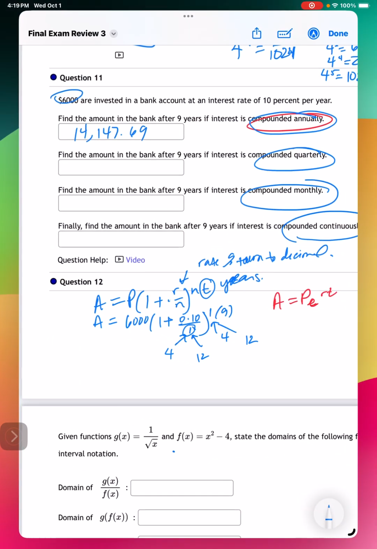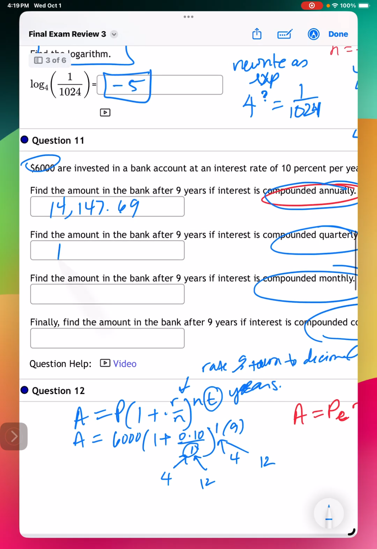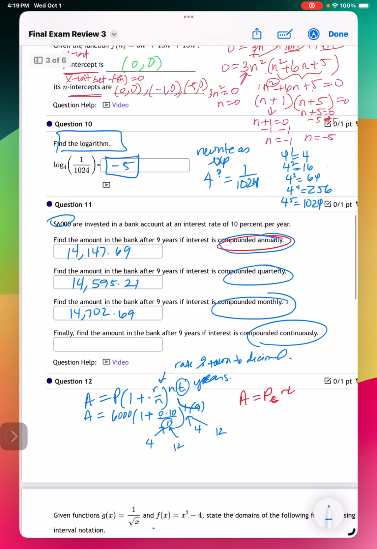Again, I'm going to take that back over here. $14,595.21. You're going to do this again, but now with 12, and you would get $14,702.69.